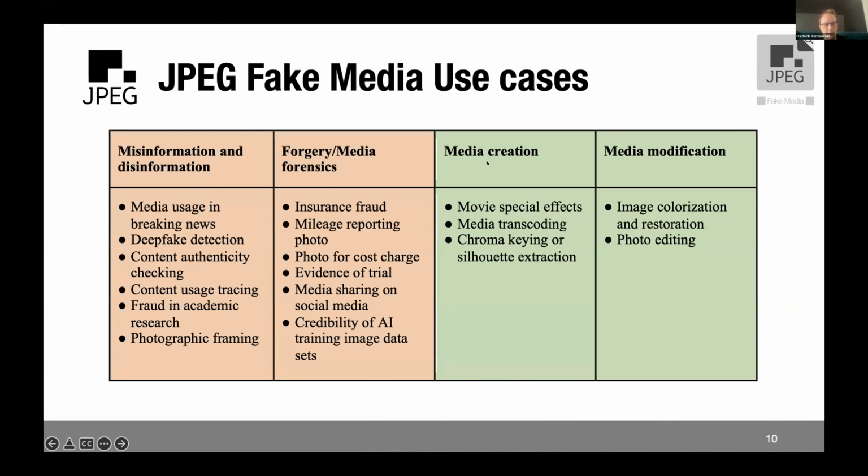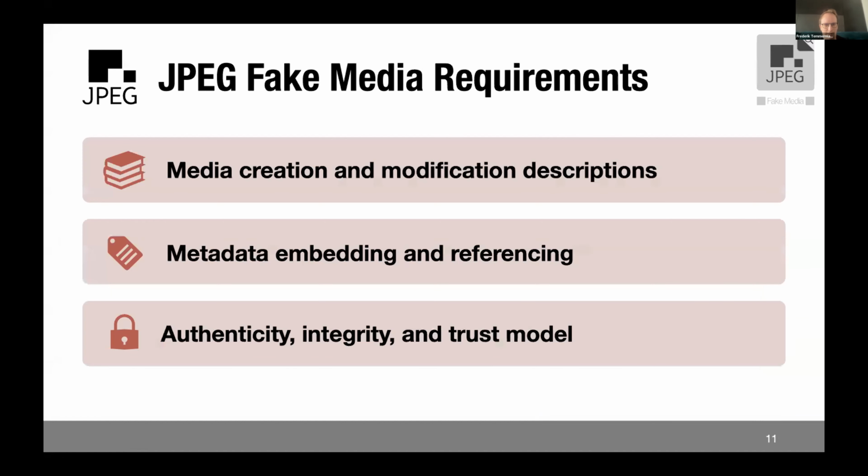As I said, we're close to issuing a call for proposals. So we have quite an extensive set of use cases. Again, here you can see that we have them both on the misinformation and disinformation side and on the media creation side. And on the JPEG website, you can find our latest document where you can find all the detailed descriptions of these use cases.